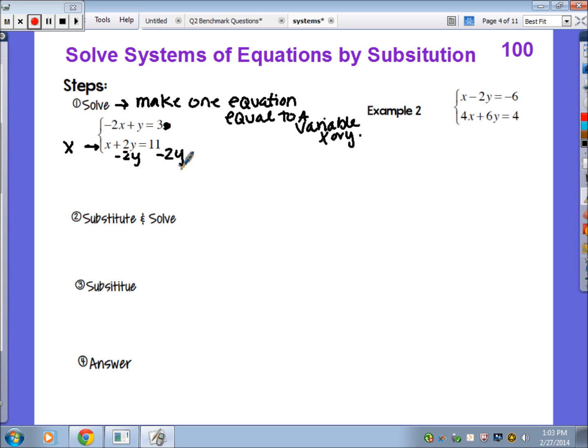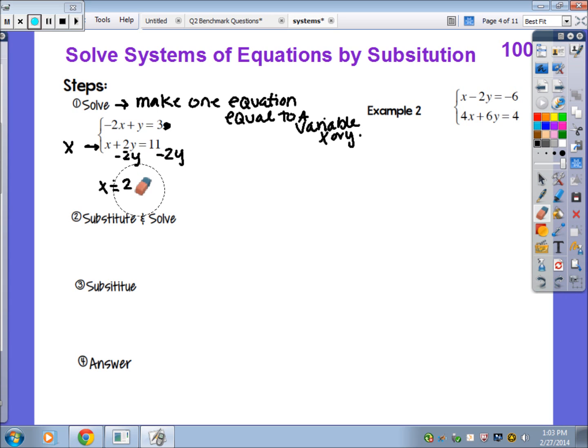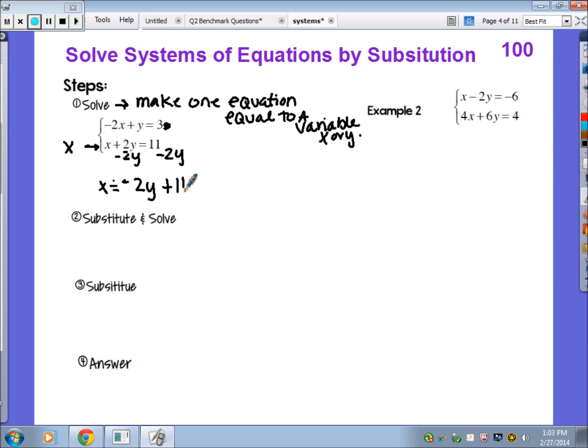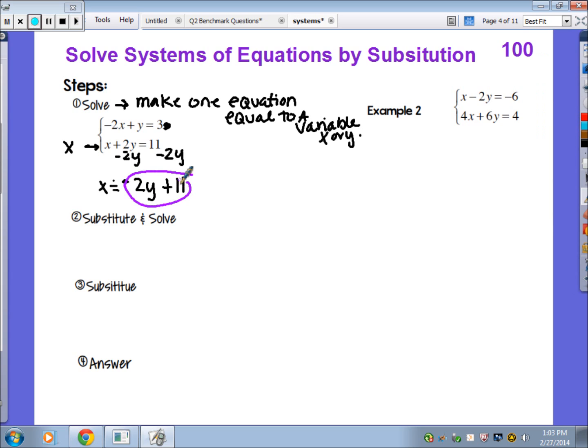So now our second equation says x equals negative, let's erase that. X equals negative 2y plus 11. We're going to take that negative 2y plus 11 and substitute it in to this x.